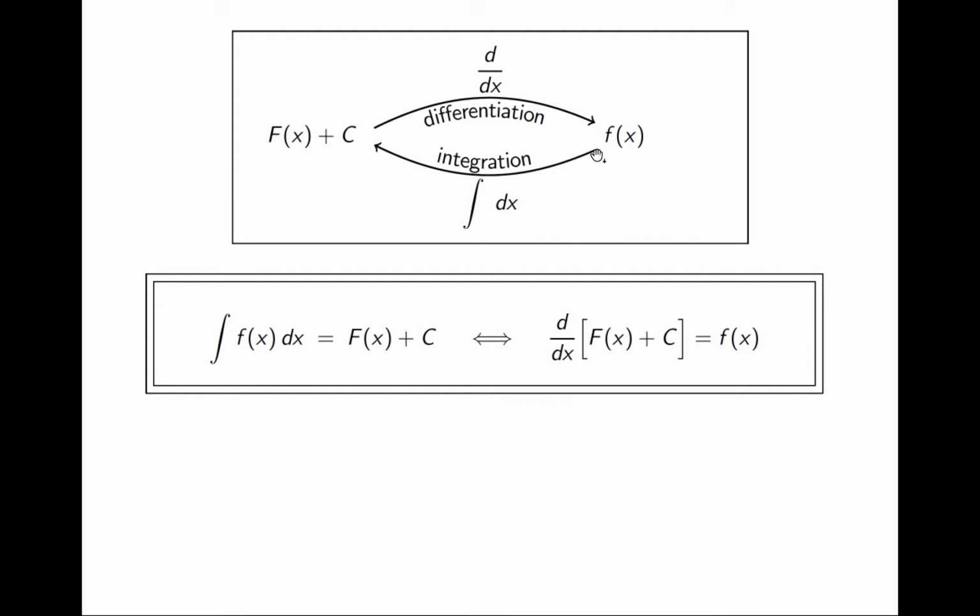You take the integral of little f of x, you get big F of x plus c. These two things, this equality and this one, are really expressing the same relationship between big F of x plus c and little f of x. And I'm going to have a lot to say about this equivalence, and I'm going to probably rewrite it many times and put it in that double box.